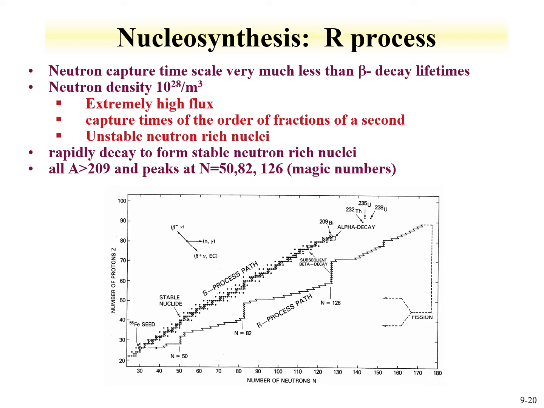And this can produce unstable, neutron-rich nuclei. So imagine that you're sitting out here at bismuth-209, and you have a capture of neutrons all the way out to maybe bismuth-238, and then you get conversion of those excess neutrons to protons through beta decay, and you wind up at uranium-238.